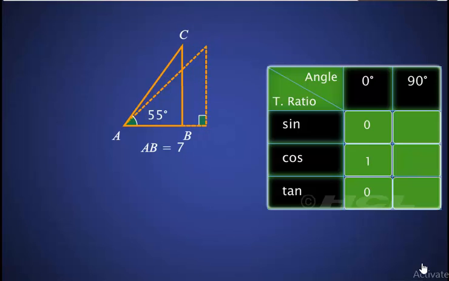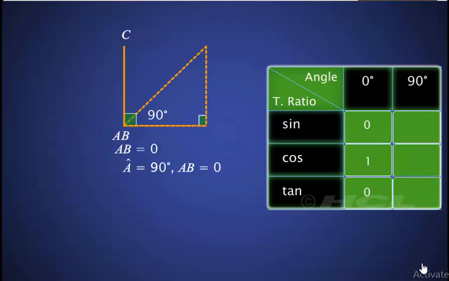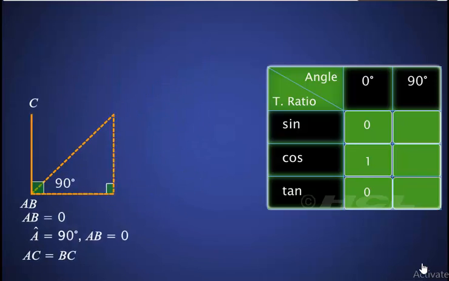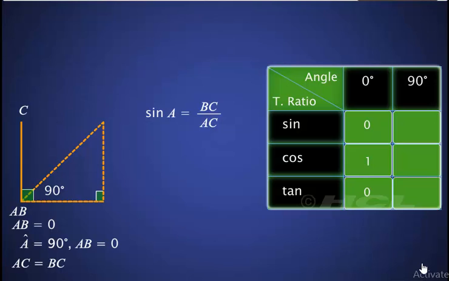Observe this figure. As the angle A becomes 90 degrees, the hypotenuse AC becomes BC and the side AB becomes 0. Since sine A is equal to BC over AC, the value of sine 90 degrees is equal to 1.